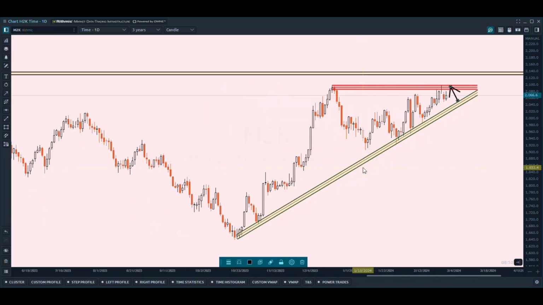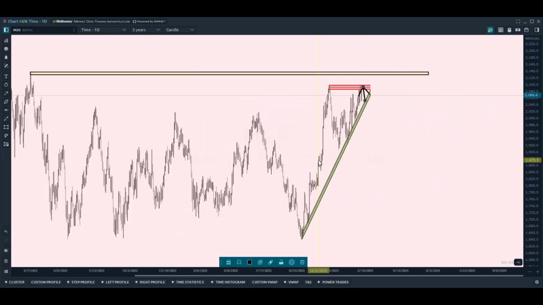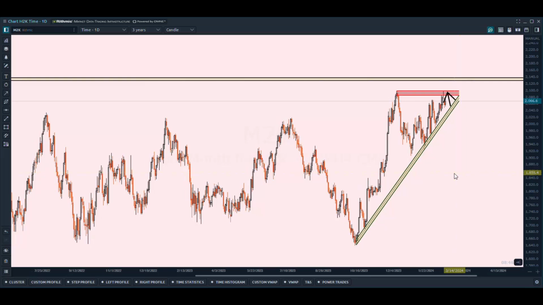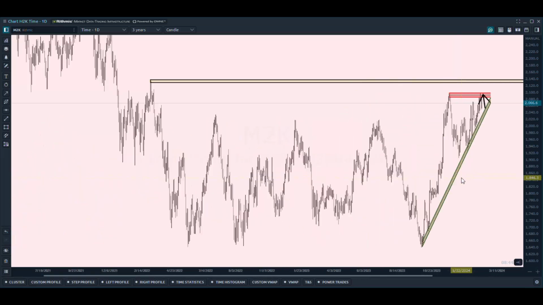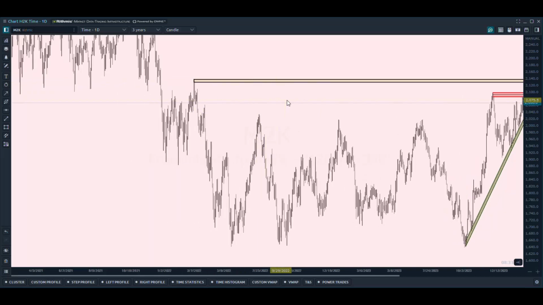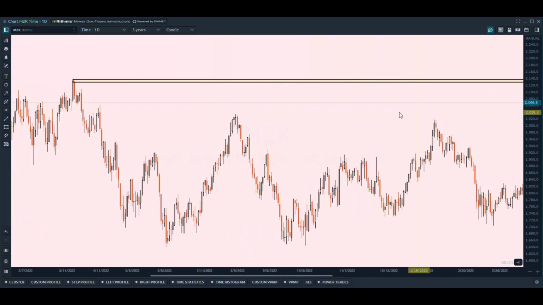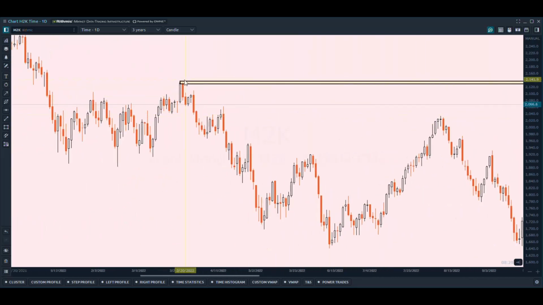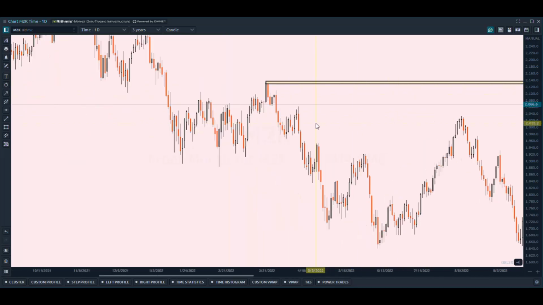But if in this case you're looking at something like the Russell 2000, you want to look to the left, and you can see here that we really don't have any price action to the left above this current resistance zone until we go all the way back to March of 2022. So what I'm doing here is I'm essentially taking the wick of this candle and then connecting it to the body of the next candle. So that gives me essentially a horizontal zone, and that would essentially be my initial price target.